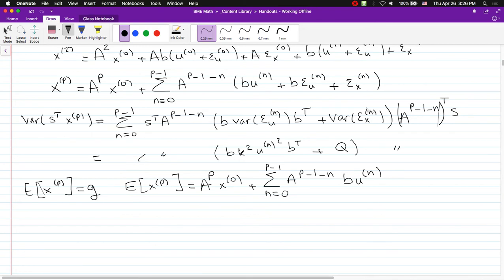Okay, so now we have a cost, we have a constraint, so we put it together. So we say the augmented thing that we would like to minimize is the variance of S transpose x of p plus our constraint, the Lagrange multiplier times the expected value of x at time point p minus our goal.